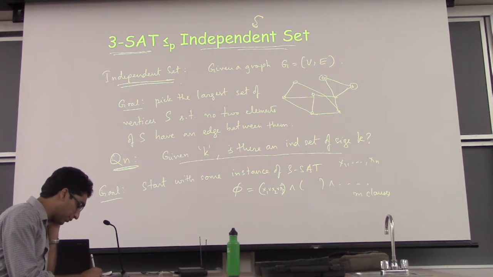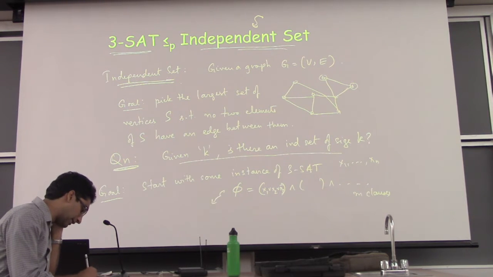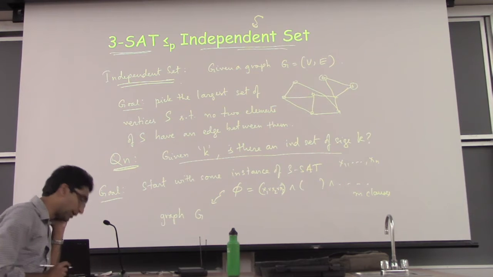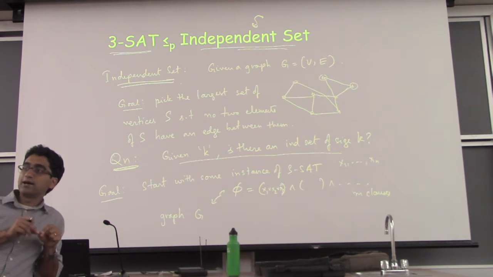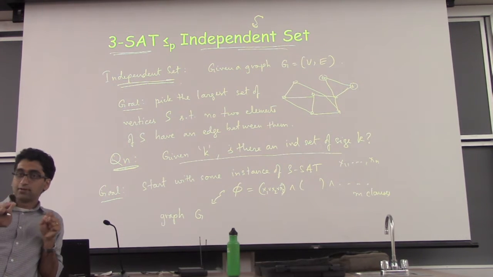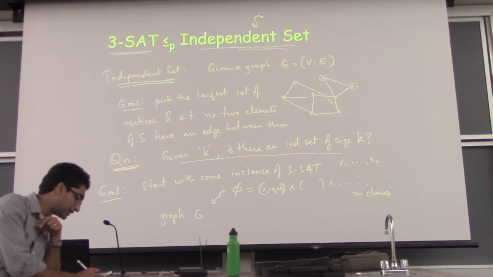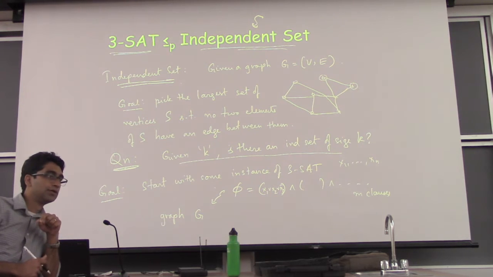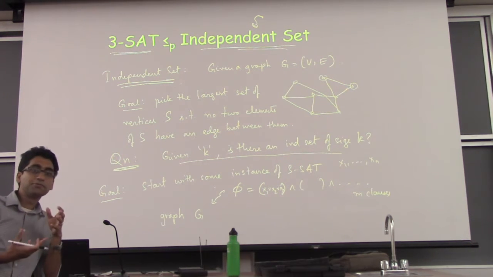From this you want to come up with a graph G such that this graph has an independent set of size k if and only if this formula is satisfied. It seems mysterious, right?